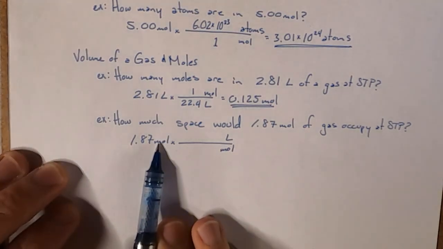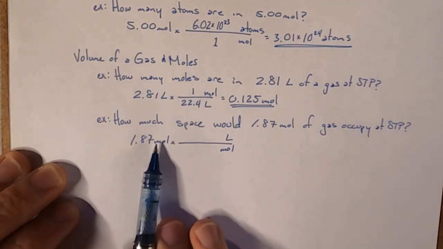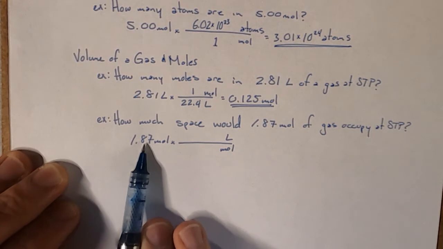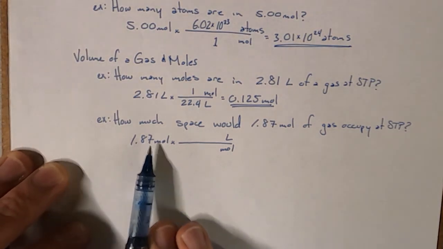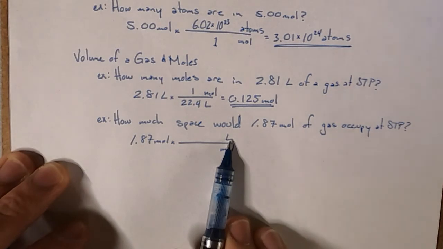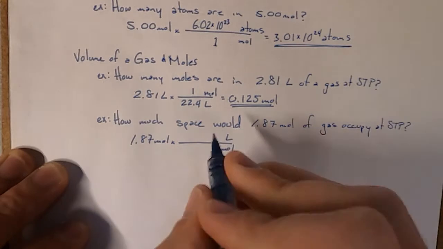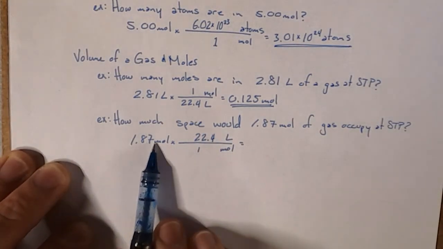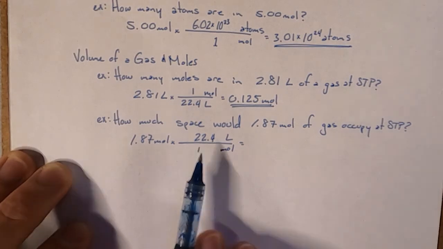Don't get careless about it, because including your units makes sure that you're going to put your units in the correct place here. If I just put 1.87, I may have made the mistake of putting liters on the bottom of this fraction and moles on the top, in which case I would have been dividing instead of multiplying. And now to solve this, it's 1.87 moles times 22.4 and divide by 1.